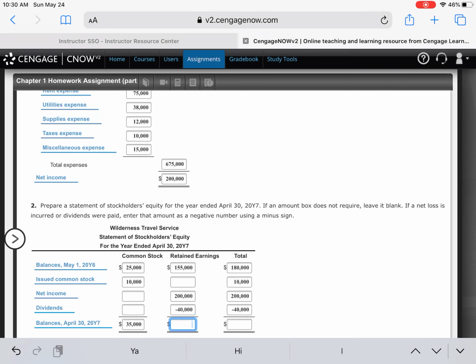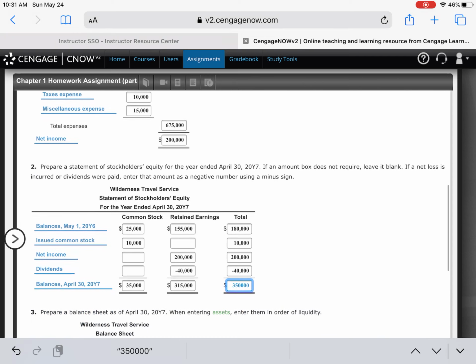We increased that by the $200,000 in net income that we had, but then we gave some of that back. We're not retaining all of that. So in the end, we have $315,000 in our retained earnings, which means in total at the end of our year, we have $350,000 in total stockholder equity.